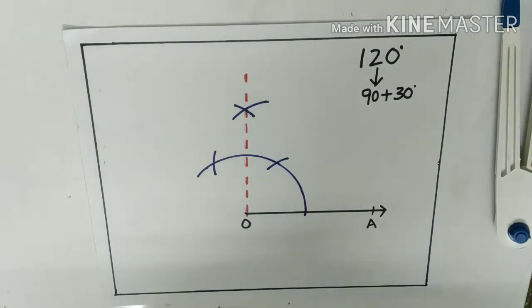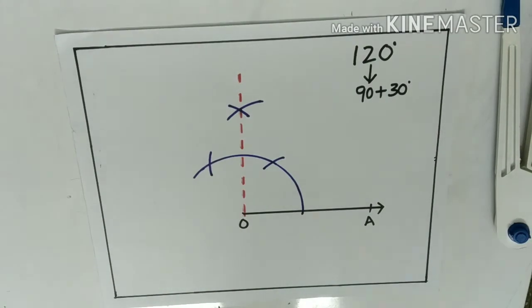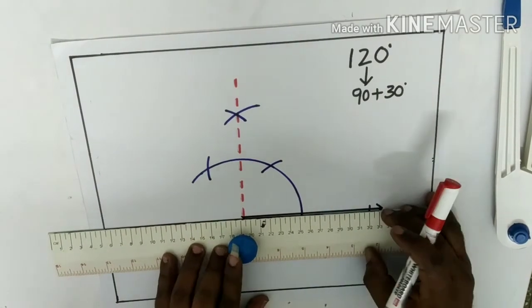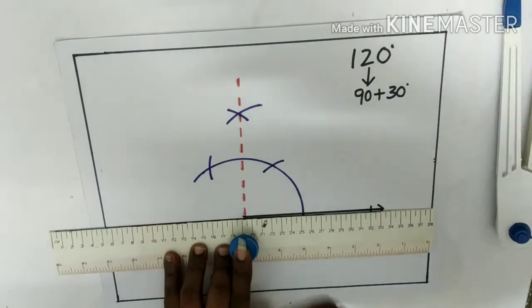Now 30 degrees line, how to construct? So produce this side OA to the other hand side.